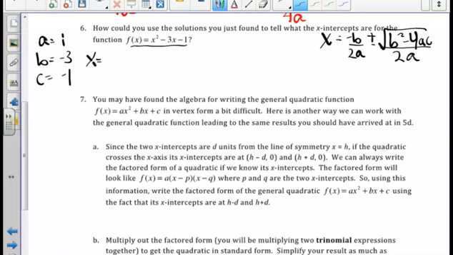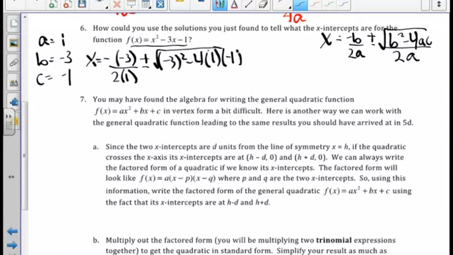We're going to use this formula and plug in our a, b, and c values. Anytime we plug in, we do want to make sure that we use parentheses. So negative times negative 3 divided by 2 times 1 plus or minus the square root of negative 3 squared minus 4, a is 1, c is negative 1, and divide that whole thing by 2 times 1.